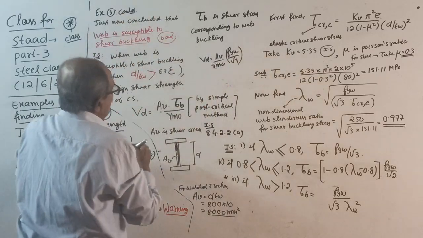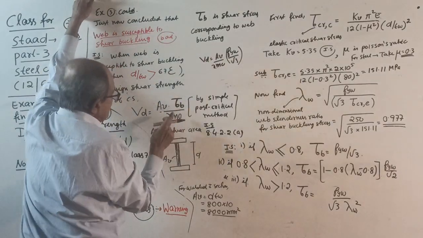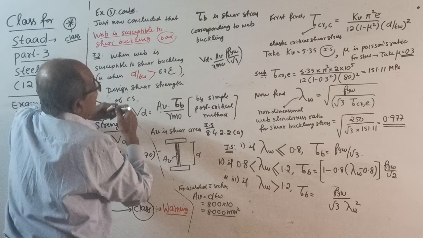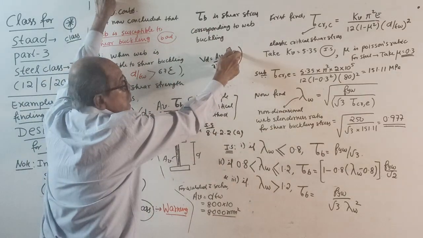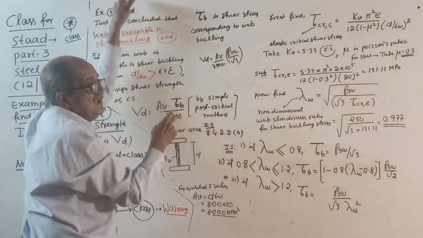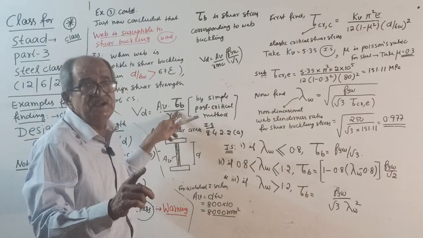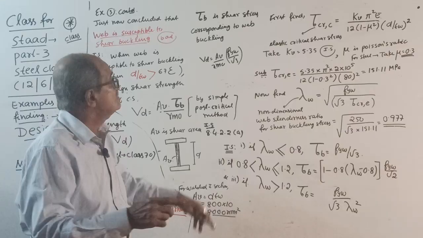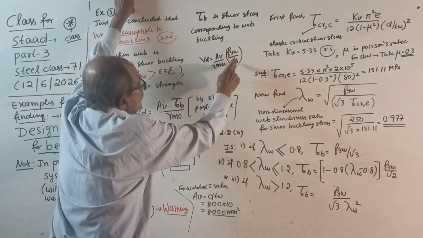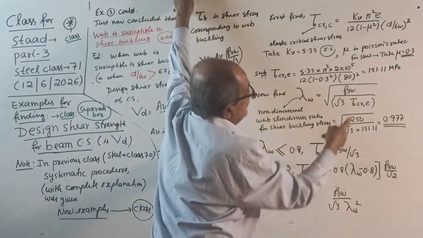Now compare. Av is there, Av is here. Gamma is there. Earlier the allowed stress was tau, Fyw by root 3. Now tau b is the reduced stress. That is, you cannot apply a shear stress of Fyw by root 3, it is lesser. Finally the answer comes later, I will tell you.